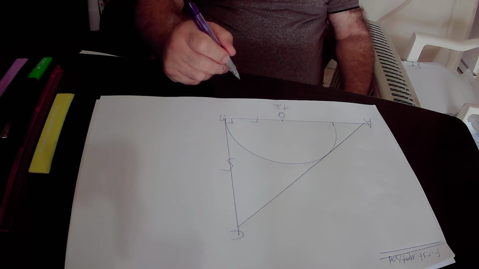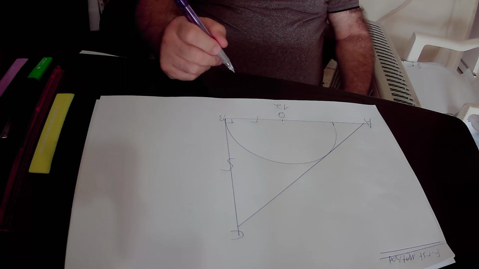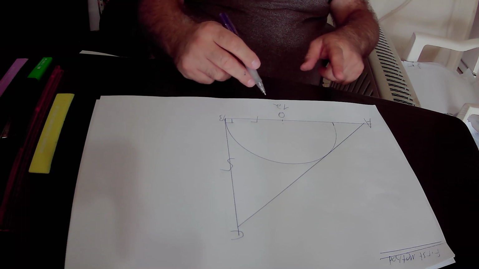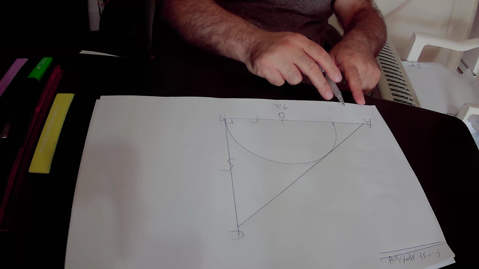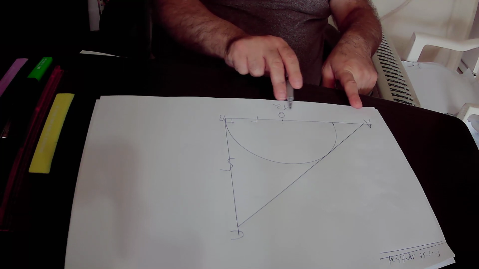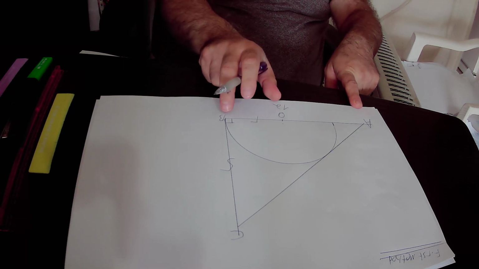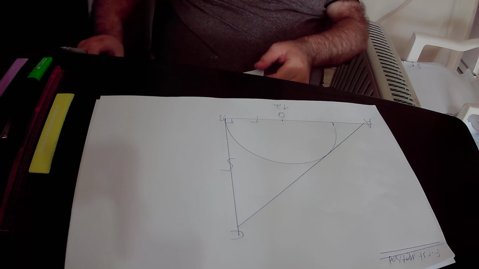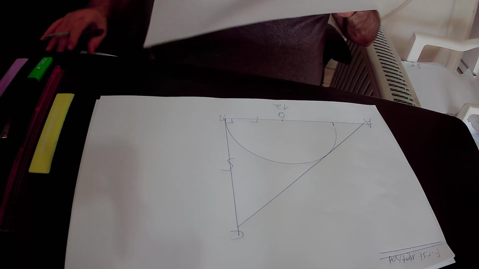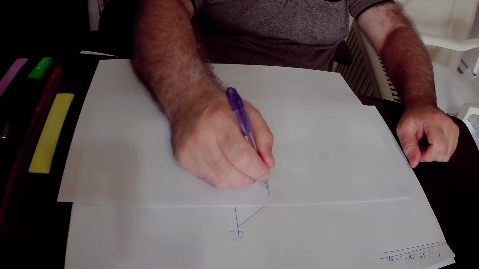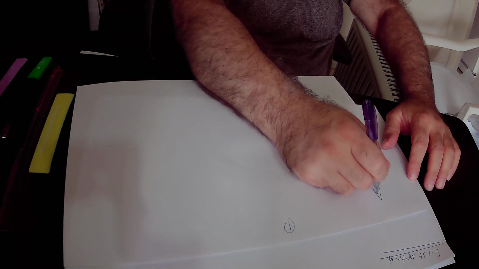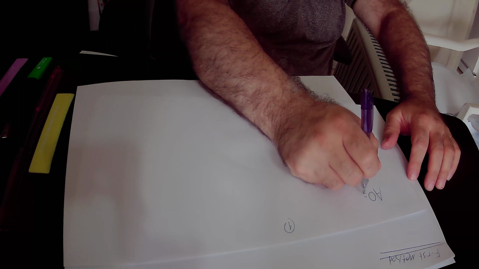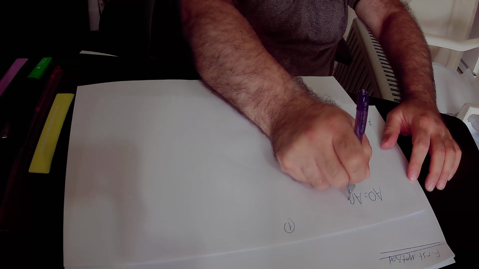And actually, AB minus OB equals AO. Again, AO equals AB minus OB. I will write it down. Line segment AO equals AB minus OB.